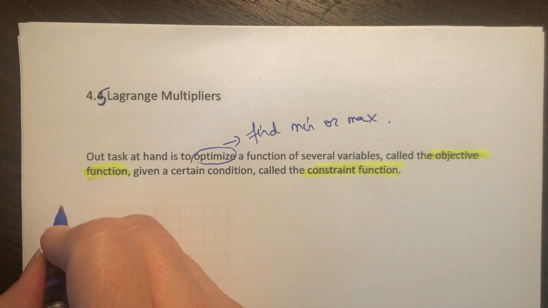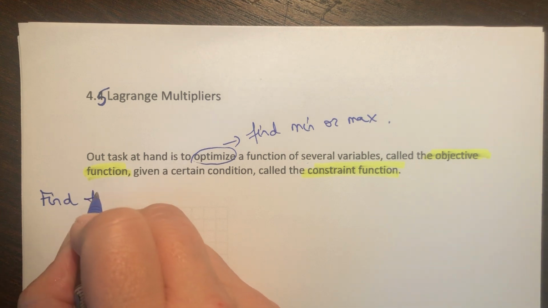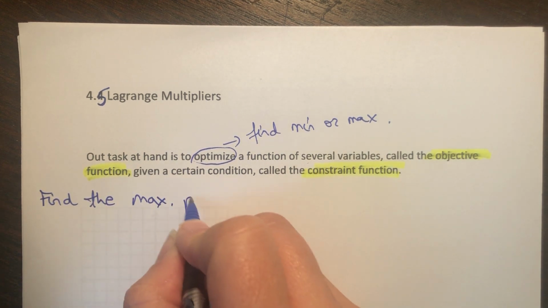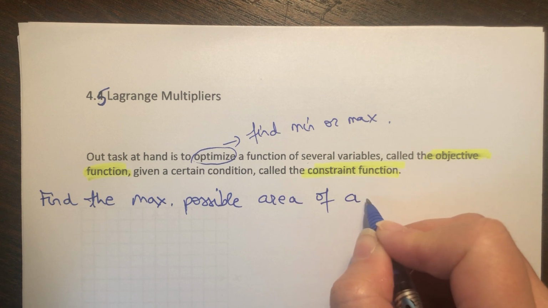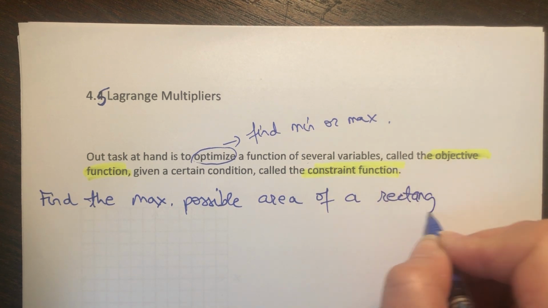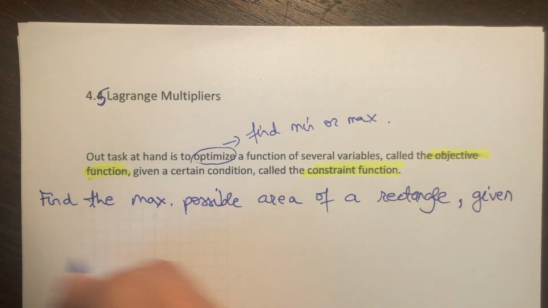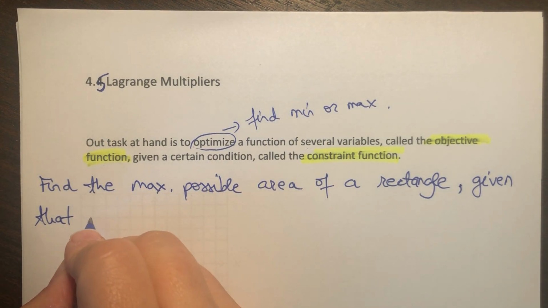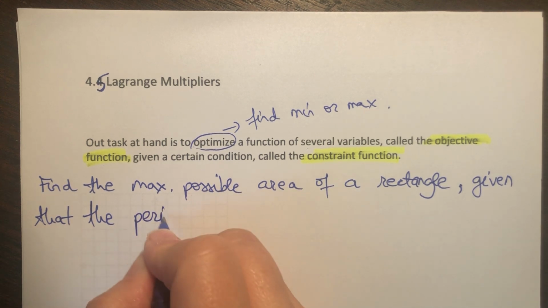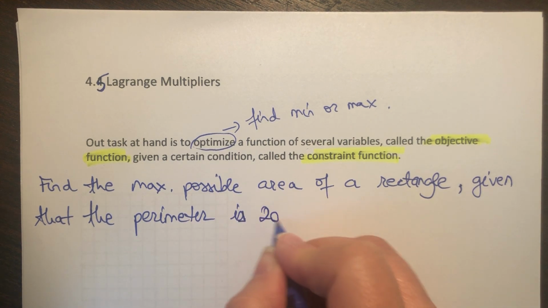So one such example was a problem that we've done quite a few times that said, find the maximum possible area of a rectangle given that the perimeter is fixed. And let's say we fix it at 200 feet.